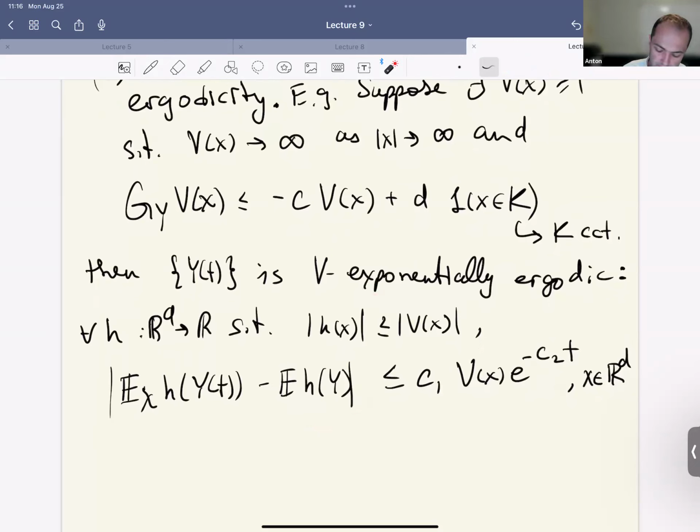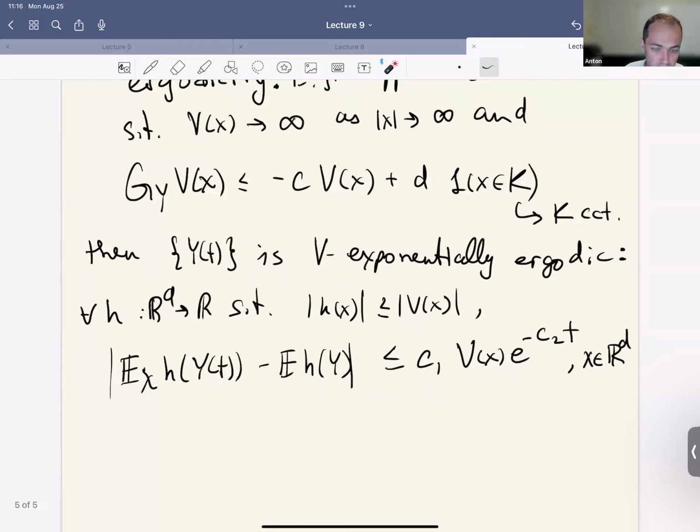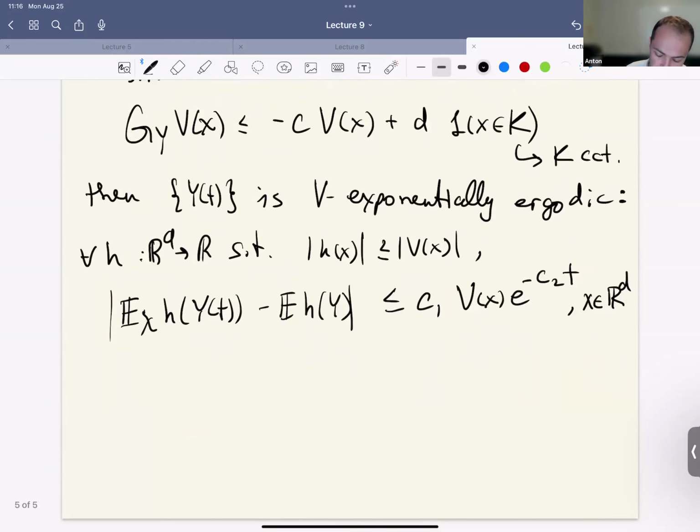So the property or the exponential convergence to stationarity, which we have over here, depends on your function V. On the one hand, having a large V is attractive because if V is very large, then there are a lot of test functions h for which this exponential convergence holds. On the other hand, having a large V hurts you in the upper bound because the upper bound depends on the value of V itself. And so there's this kind of trade-off.